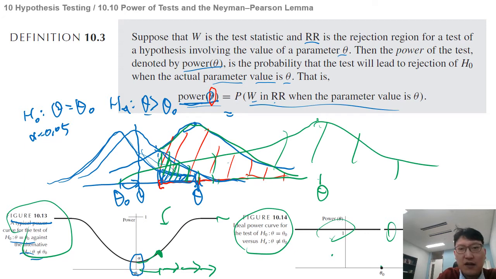So this is the definition of power, and power is a function of the parameter theta. Actually, this power is 1 minus beta, where beta is the type 2 error rate. Let's talk about this in the next slide.